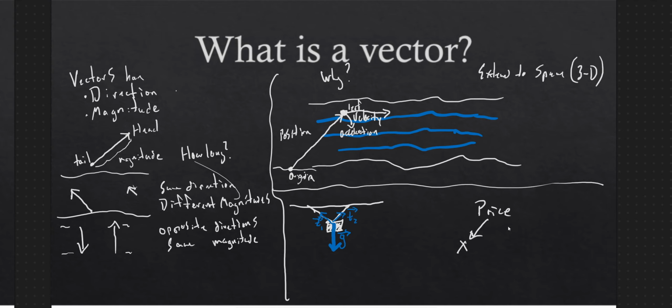So maybe some other variable x and some other variable y. And I'd like to know how that price is changing. And so what I can use in this situation, if I have price depending on two other things, I can use vectors to model this as well. And we can talk about direction and magnitude, even if we're not exactly in space, in the real world. We're speaking more abstractly.